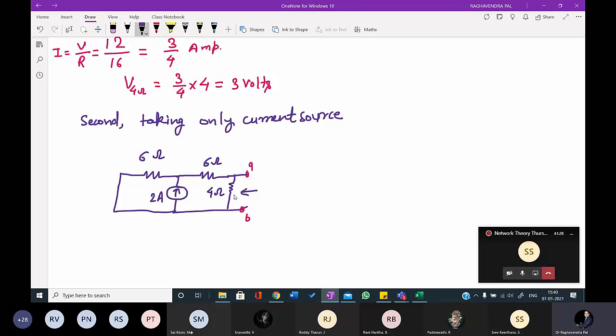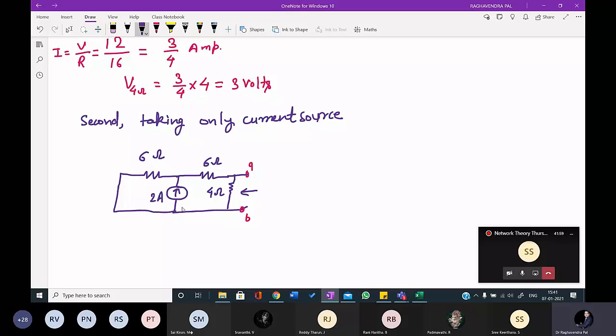Now we will have to calculate the voltage drop in this branch. How to calculate? Simply, we calculate how much current is passing in this branch, and then see the voltage drop across it. This is a good question actually. That is why I have given it. Many small concepts are being cleared in this question.